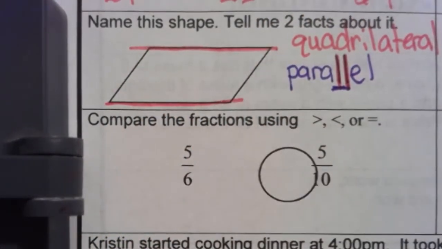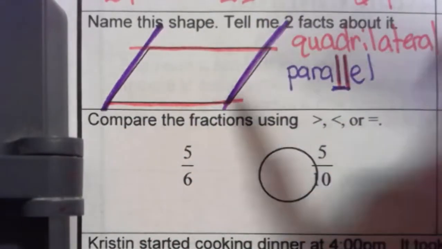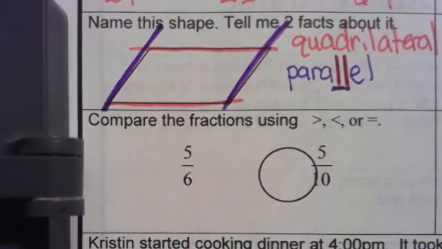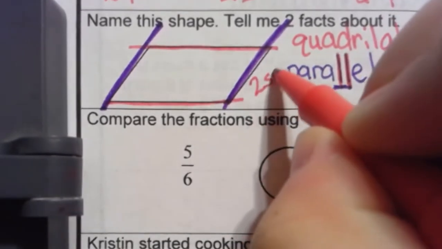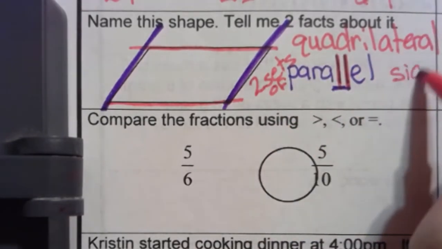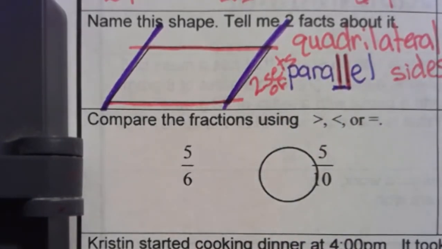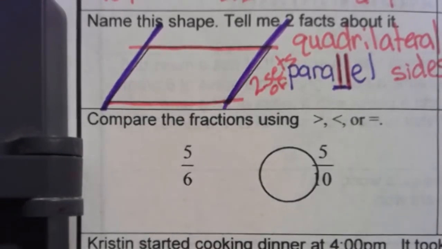So we have a parallel set of lines on top and a parallel set of lines on the side. So this shape has 2 sets of parallel sides. Which means it also has another name. It's a parallelogram. Yes. Parallelograms have 2 sets of parallel sides.